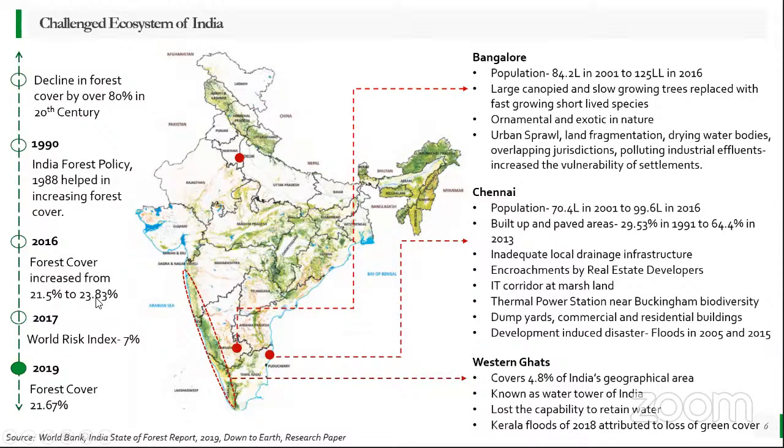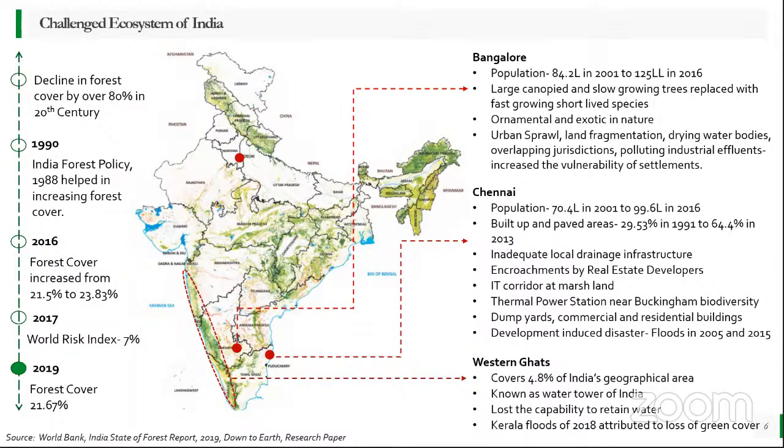But still, in 2017, the World Risk Index report says that India is at 7%, which includes different assessments related to environmental degradation, coping capacity, and adaptation. India lagged in coping capacity by 80%, followed by adaptive capacities by 57%, vulnerability by 58%, and susceptibility by 38%. These are the evidences which show that green spaces do help in coping capacities in the event of disasters by supplying fresh food or water.